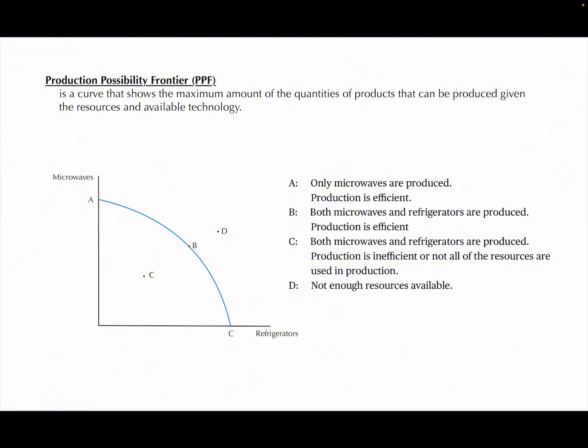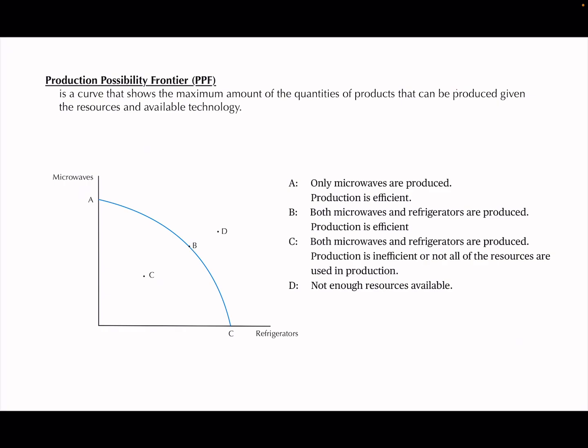If we look at point C, it is within the PPF curve, in between the horizontal and vertical axis. This means that both microwaves and refrigerators are being produced. Yet, production is inefficient, and not all resources and available technology are being used in production.